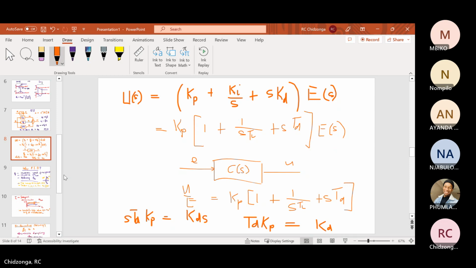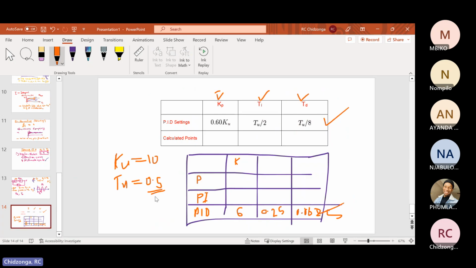And when you do that, you would have tuned your controller. Now, P is when you are using only your P controller, meaning I and D are 0. That's called the proportional controller only. PI is when D is 0. You are not using the derivative portion. You are only using these two. And here you are using everything.